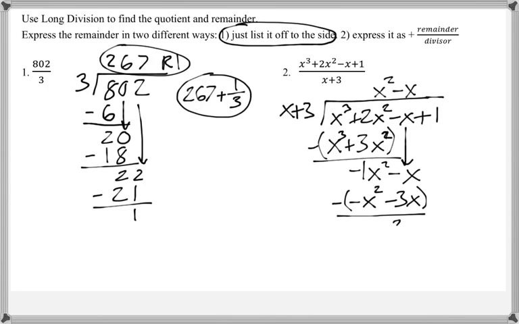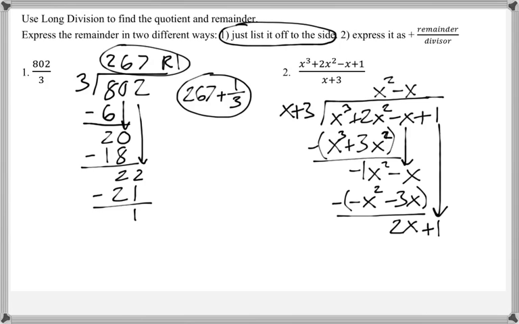So that's going to give me, well, the first terms go away. The first term should always go away if you pick the right number. So this would be 2x. Negative 1 minus 3 is negative 1 plus 3, which is 2x. And then I'm going to bring down the 1, and that's going to be plus 1.